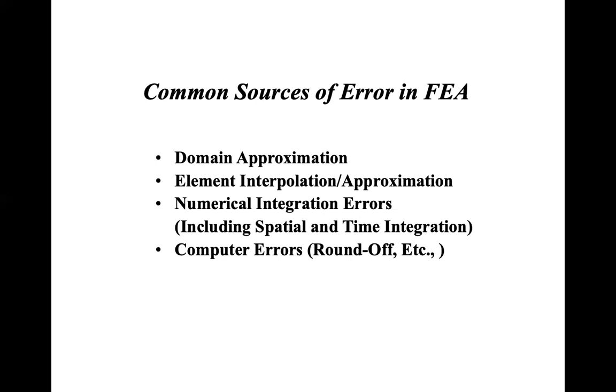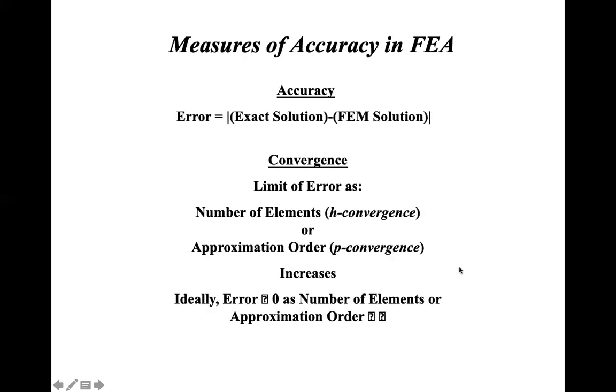So there is round-off error. These errors may be there. And we can measure the accuracy with the help of error, which is the exact solution minus the FEM solution. The error will depend upon the number of elements and the approximation order as well.